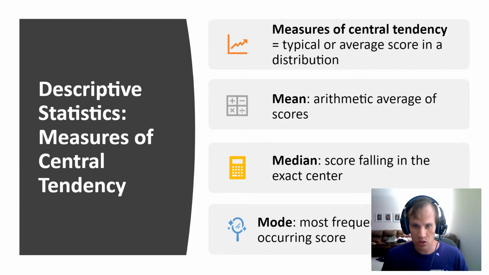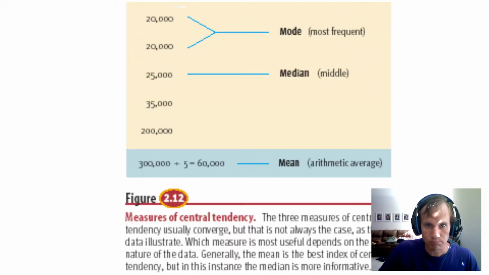So the mean is the average, the median is the middle, and the mode is the most frequently occurring number, score, data point, whatever. The mean is the average: you add them all together and divide by the number of data points you have. The median is the middle point, and the mode is the number that occurs most frequently.